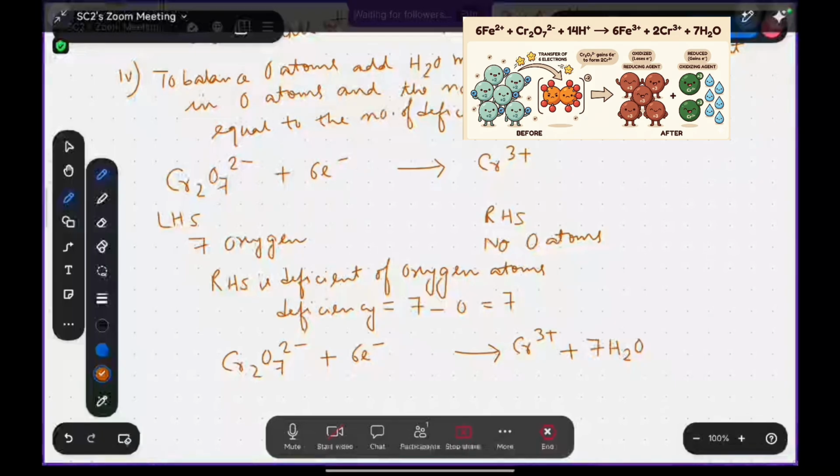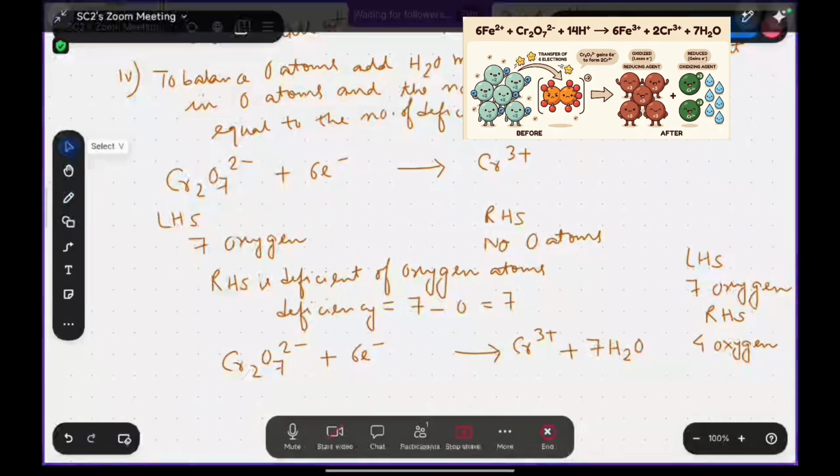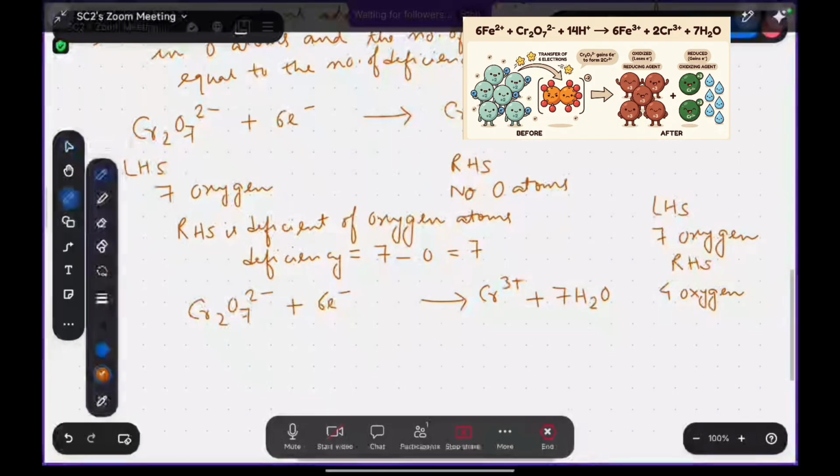Suppose, for example, the left hand side would have had 7 oxygen atoms and the right hand side would have had 4 oxygen atoms. Which side would have been the deficient one? The right hand side, right?